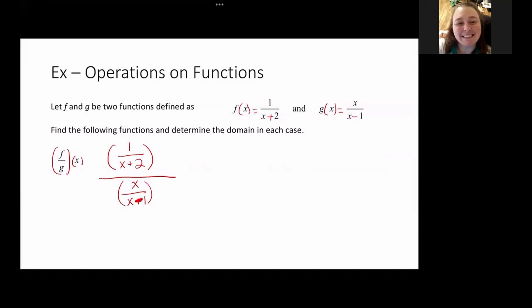Now, when we divide a fraction, we flip and multiply. So this is going to give us 1 over x plus 2 times x minus 1 over x. And then just carry that across.